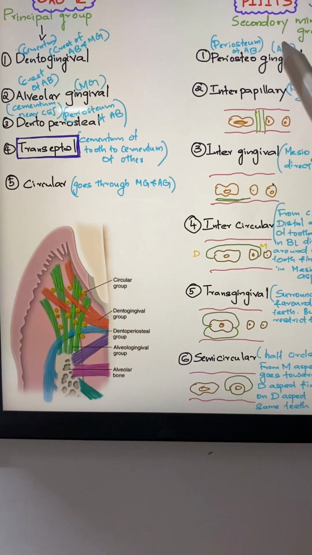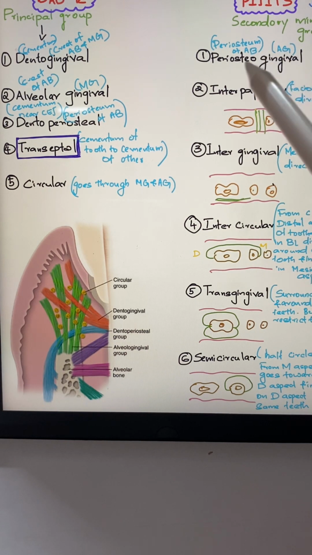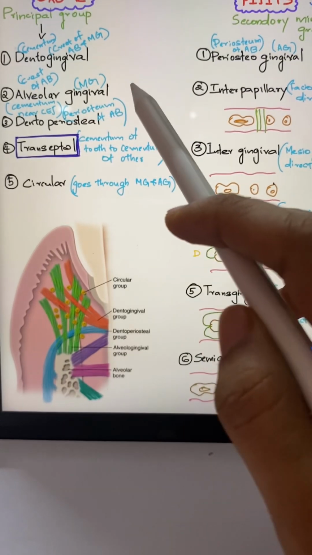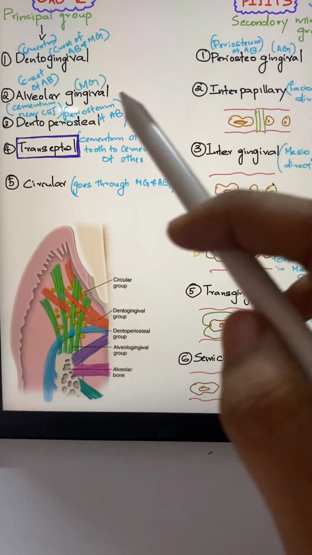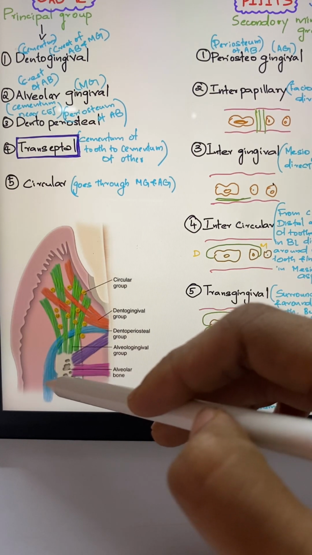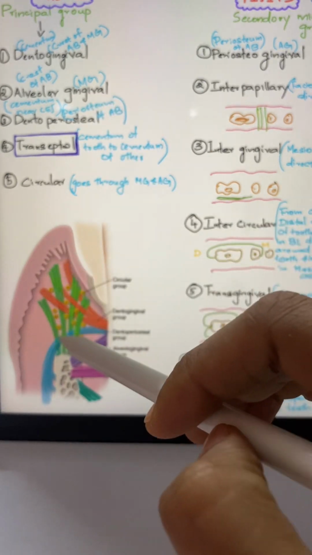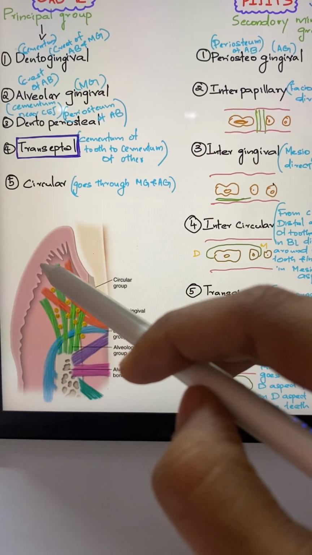Sometimes you may confuse it with the periosteogingival, which I am talking about now. This periosteogingival is different from the alveolargingival. By the terms you may feel both are the same. Periosteogingival starts from the periosteum and goes to the gingival area, whereas alveolargingival starts from the crest of the alveolar bone to the marginal gingiva.